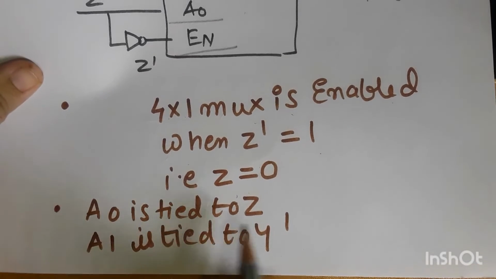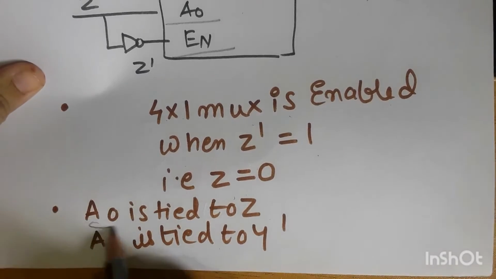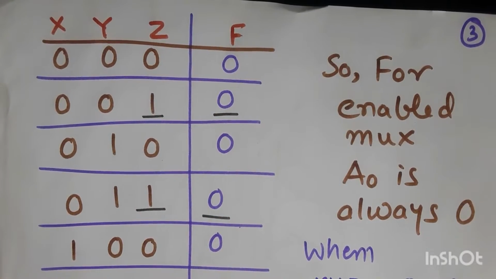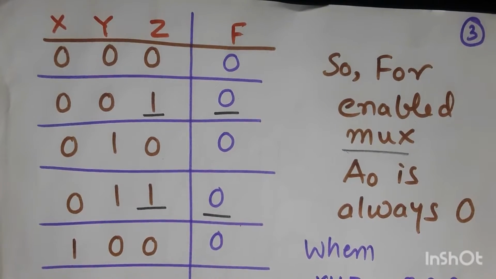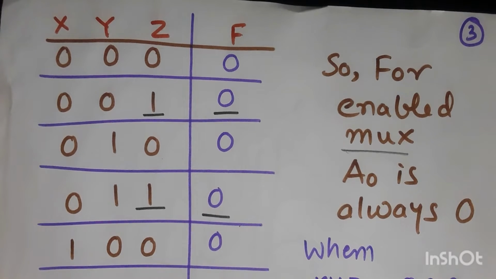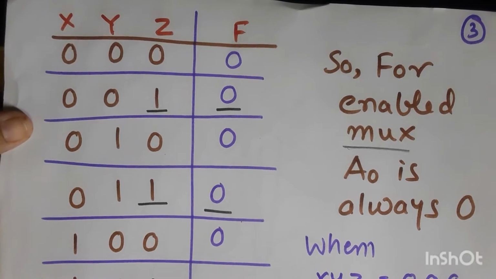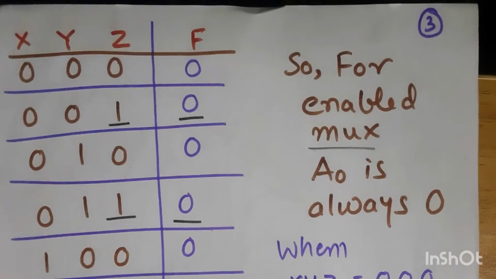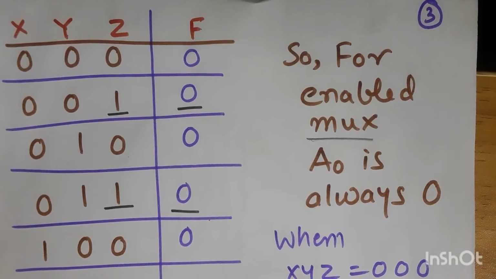A0 is tied to Z and A1 is tied to Y dash. This has been mentioned. Now, for the enabled mux, the mux is enabled for Z equal to 0.